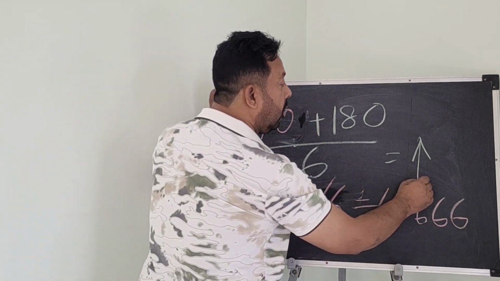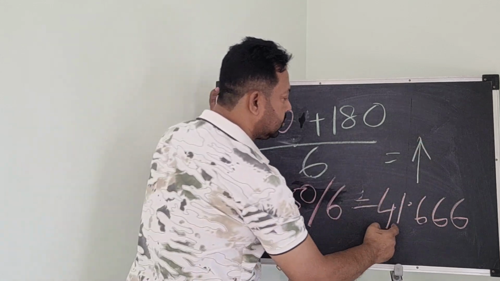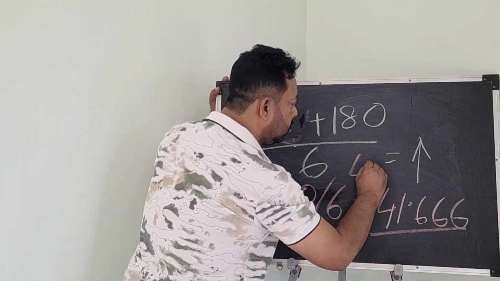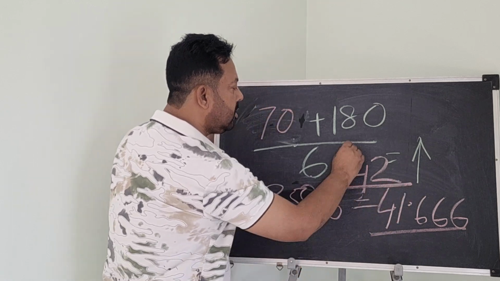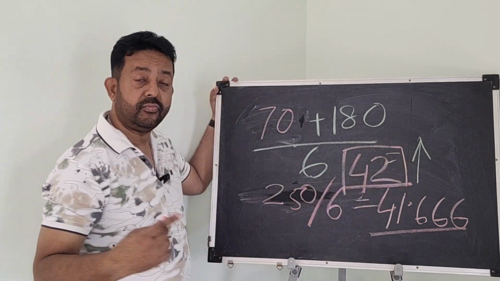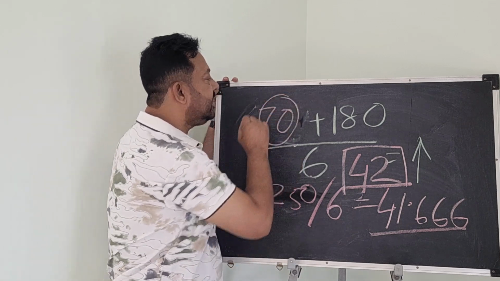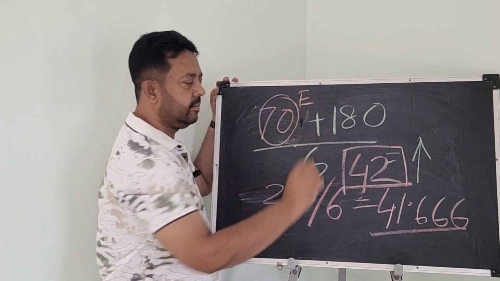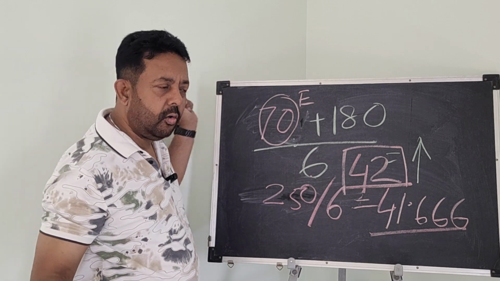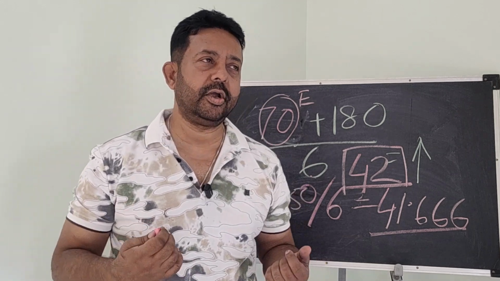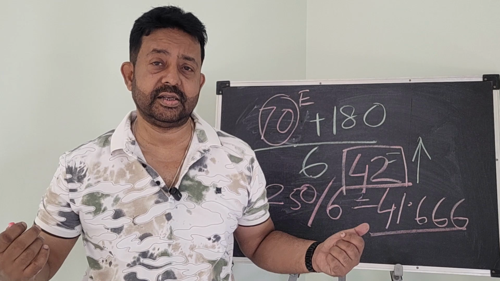And I said you always have to round up. So this becomes 42. So my zone number is going to be 42 if my longitude is 70 degree east. Simple.